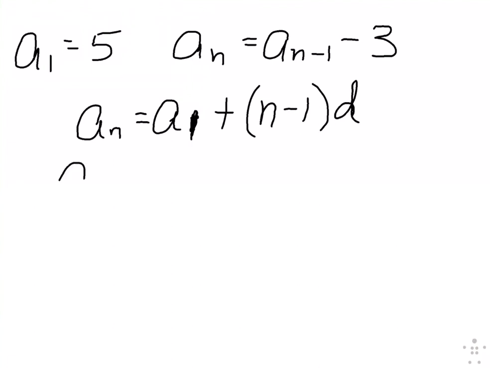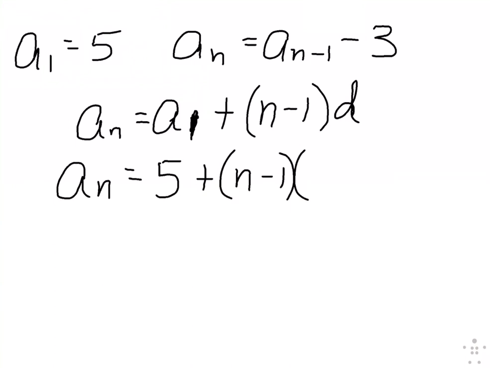So let's plug in what we know. What's A1? 5. Plus n minus 1 times. What number is being added or subtracted every time? -3. Where'd you get -3 from? Right here. That's the number.